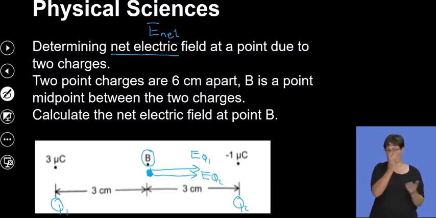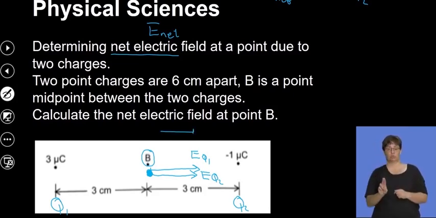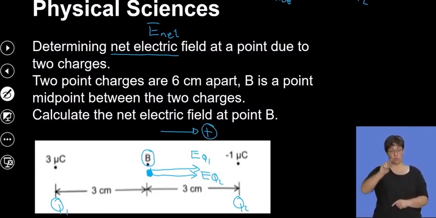So E net becomes E due to Q1 plus E due to Q2. Both of these vectors are to the right, towards Q2, so we'll take the direction towards Q2 as positive. We're choosing our direction.